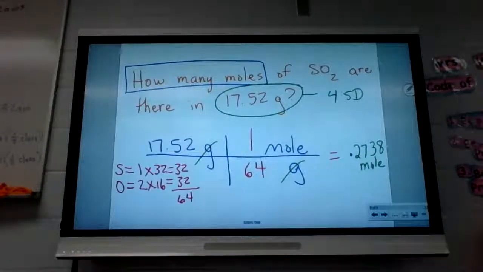Wait, so you would count 0.2738 and 0.2737, right? Say the question again. Okay, so you see how I rounded to get 0.2738, you would also count 0.2737, right? Yes. Okay. Because my calculator didn't have 0.2738 or 0.2737, so I just took what you gave me.